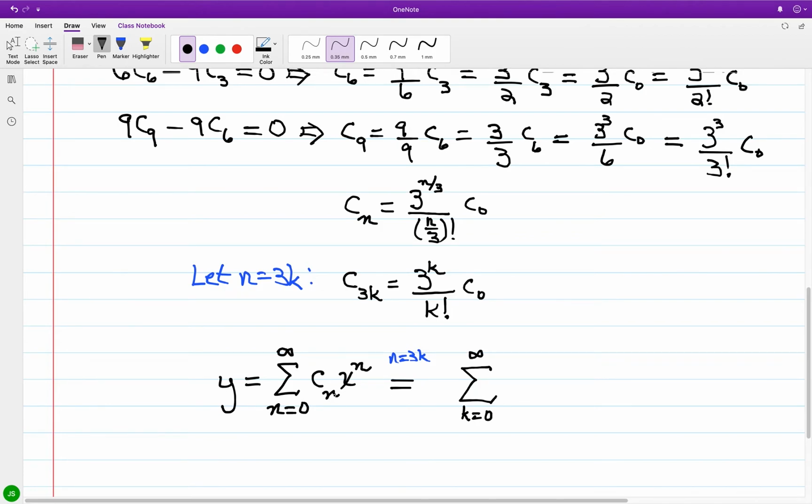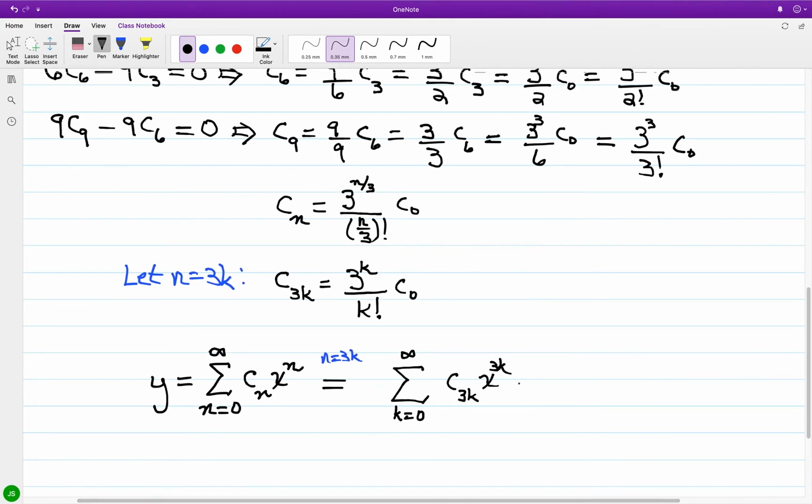And again, with c of n, this would be c of 3k, and x to the n will become x to the 3k. And filling in, I'm just going to go ahead and extract the constant. So we have c naught times the summation as k goes from 0 to infinity of 3 to the k times x to the 3k all over k factorial.